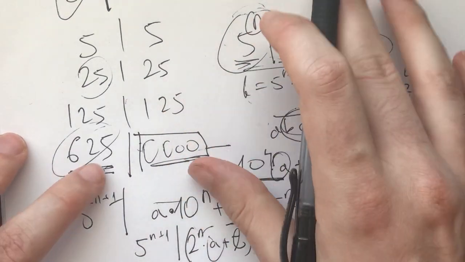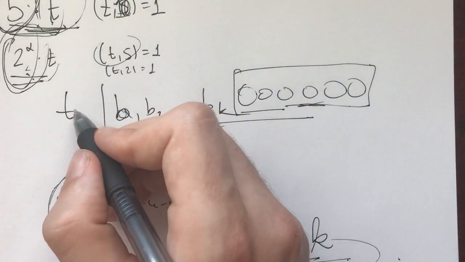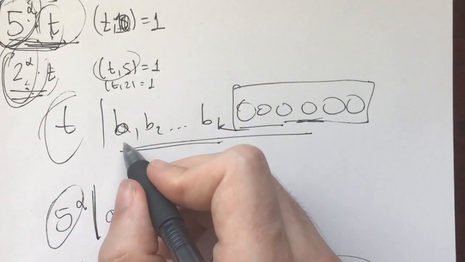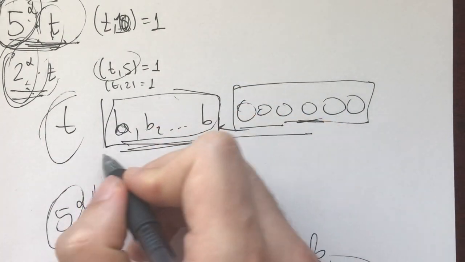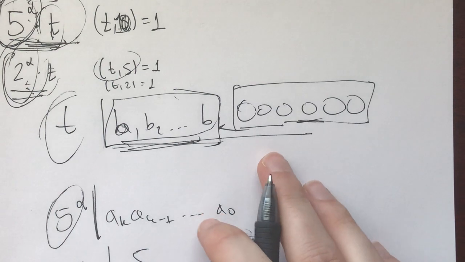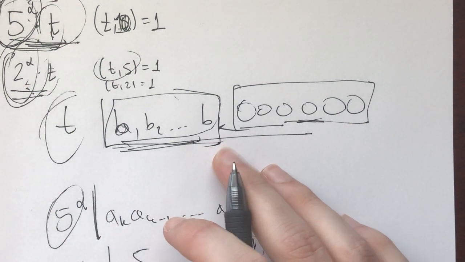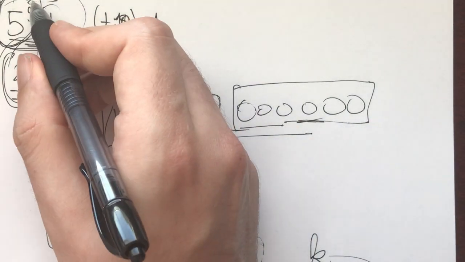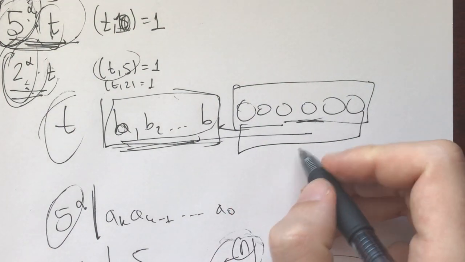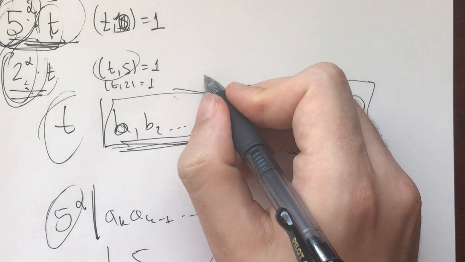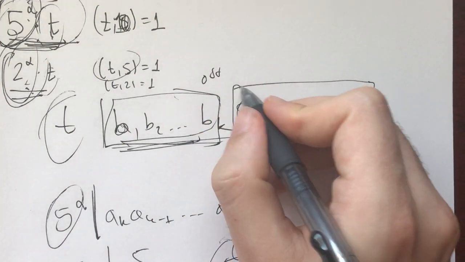Now, do we need to be very careful with how many digits this number t has? Well, the answer is no, not really. If we have 5 to the alpha, say we can have alpha digits, say this digit is odd, then how many digits do we need?